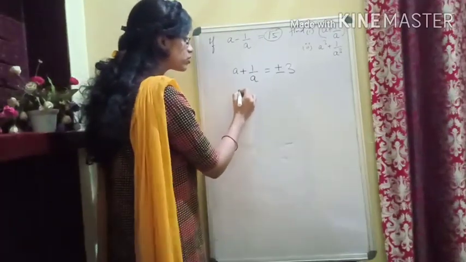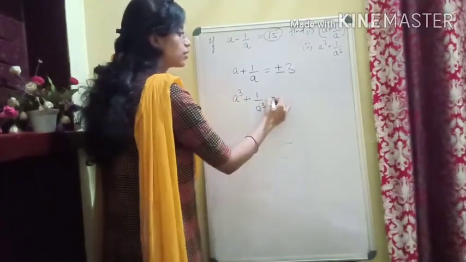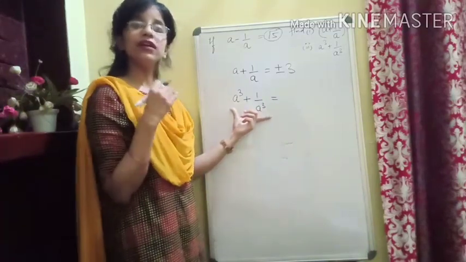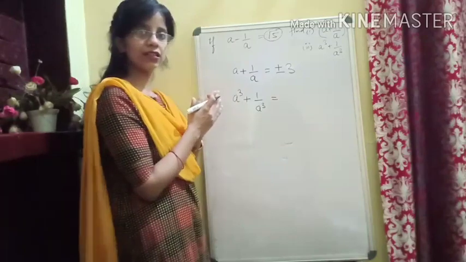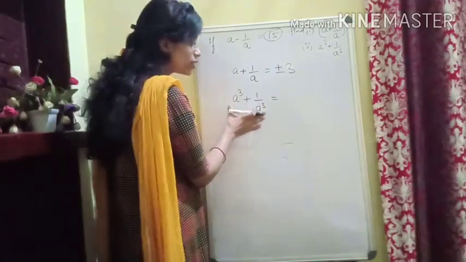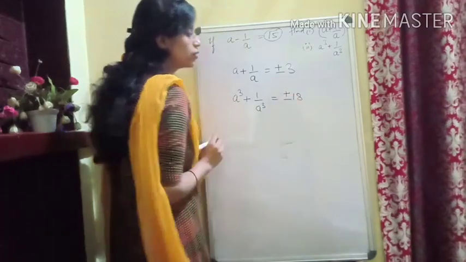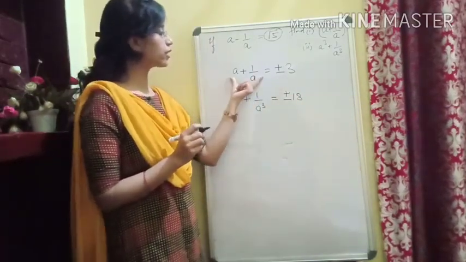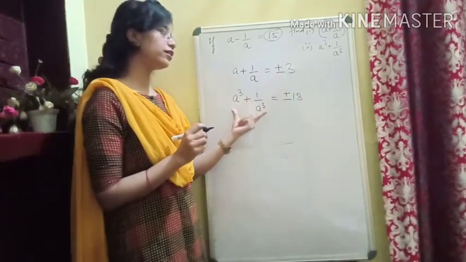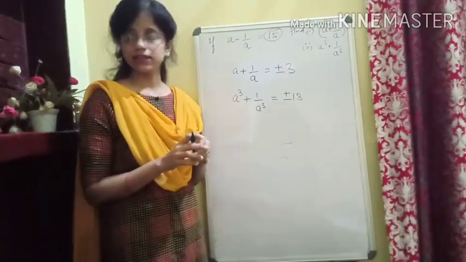In case 1 it was coming plus 18, in case 2 it was coming minus 18. That means the value of this term is coming plus 18 as well as minus 18. So how to combine the answer and how to write it? This will take the value 18, both plus and minus. So this is how we write the answer. You see, here we are getting two values of this term, here also we are getting two values of this term, and that is how we write our answers.